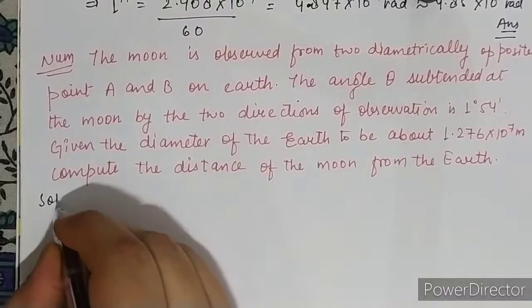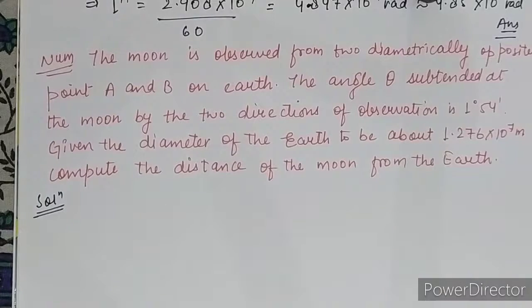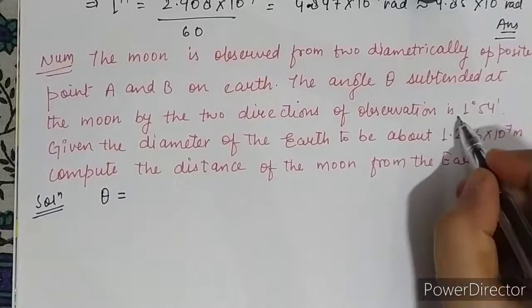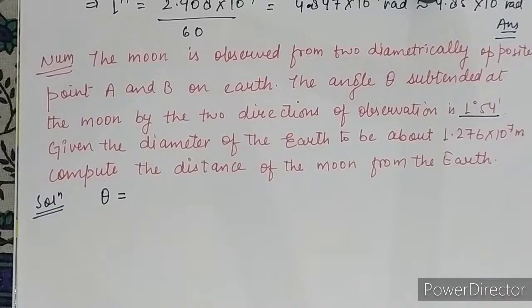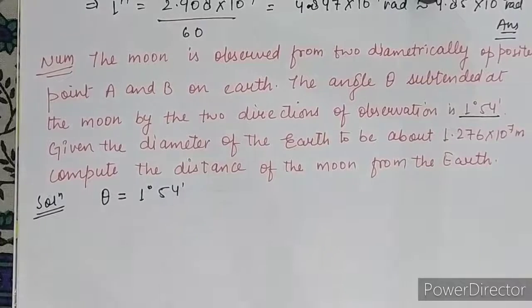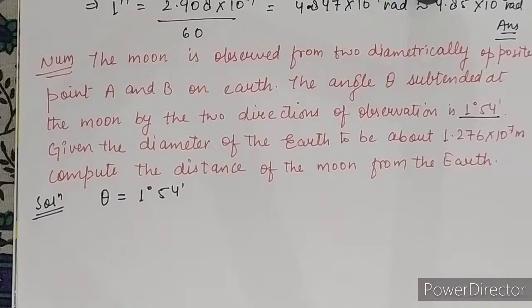First of all, in the solution, we have the value of theta, which is given in the question: 1 degree and 54 minutes. So this value is partly in degrees and partly in minutes. What do we have to do?